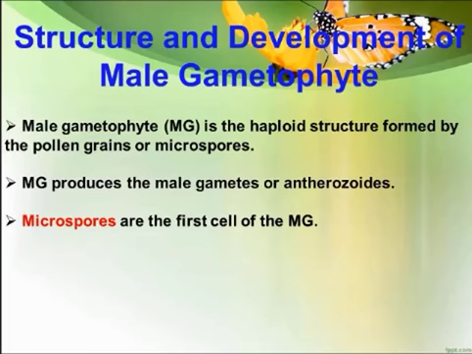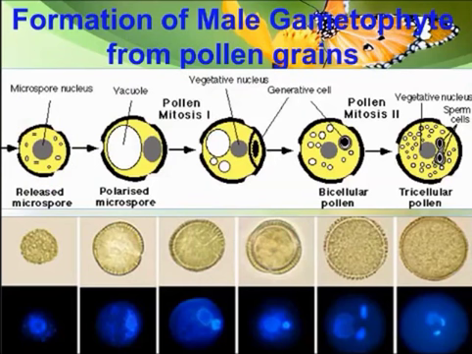Now, after the formation of microspores, let's move on to the next step of development of male gametophyte, that involves formation of gametes by a process called microgametogenesis. The male gametophyte produces the male gamete or the sperm cell, which fuses with the egg cell.